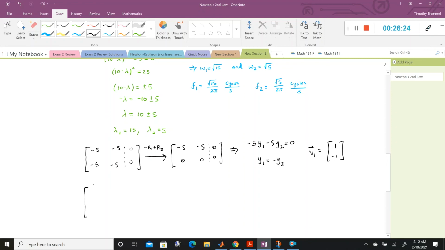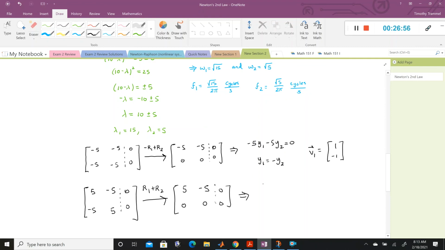All right, and one more. If we were to try lambda equals 5, then we have 10 minus 5, so we have a 5 here, and again, another 5 there. If we were to do row 1 added to row 2, we'd end up with 5 minus 5 in the top, and everything else would be zeros.